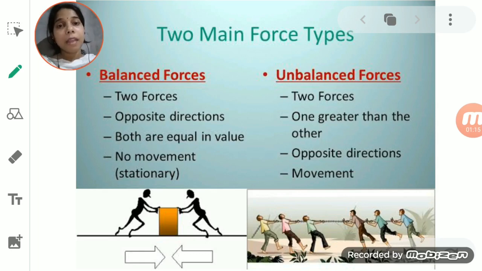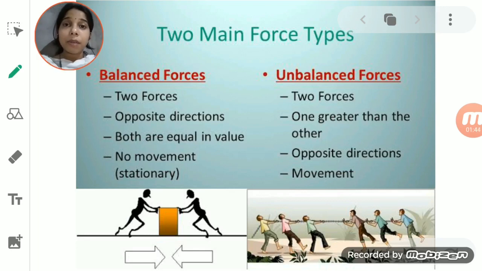What happens in case of the unbalanced force? In case of an unbalanced force, there also two forces are acting on it. But one force, the amount of force on one side, is more as compared to the other side. And due to which the object will move to the other direction.